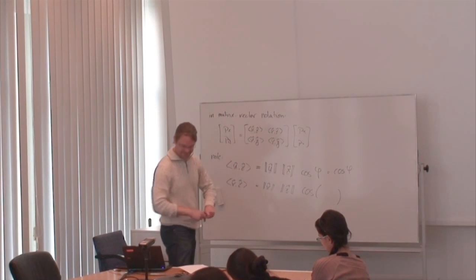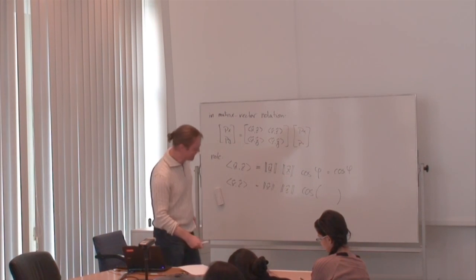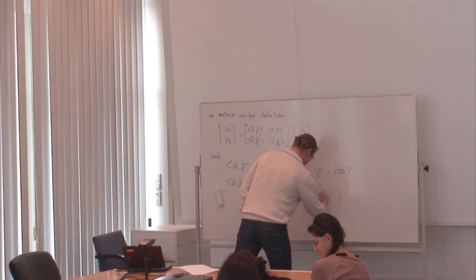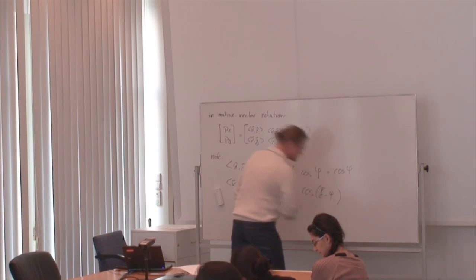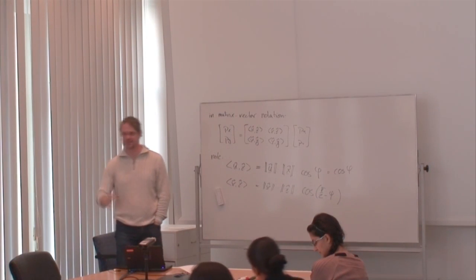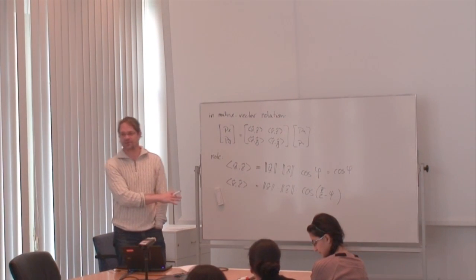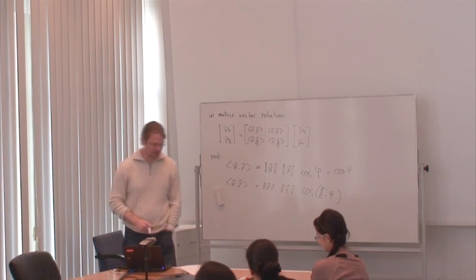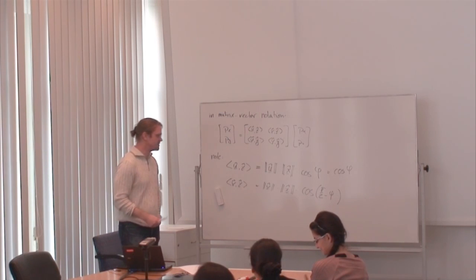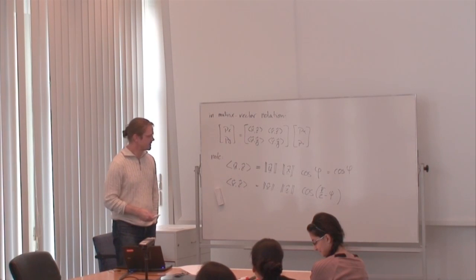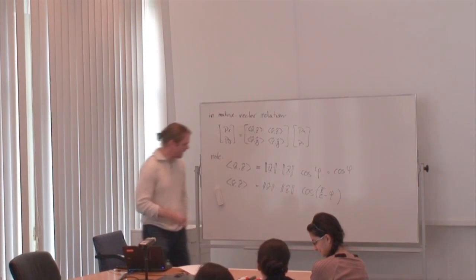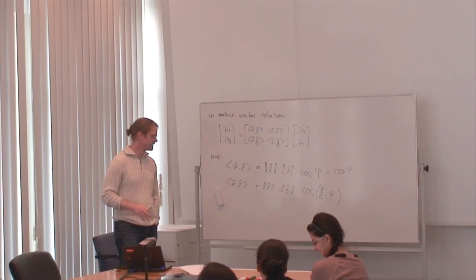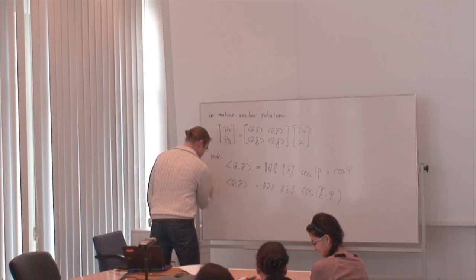Sorry, I skipped a line here, so we actually have pi over 2 minus phi. Thank you. This will happen quite frequently, so it's your job to say, hey, wait a minute. I'm here for the bigger picture, you're for the details. So this is indeed pi over 2 minus phi. Sorry about that. Let me immediately make it up for you.